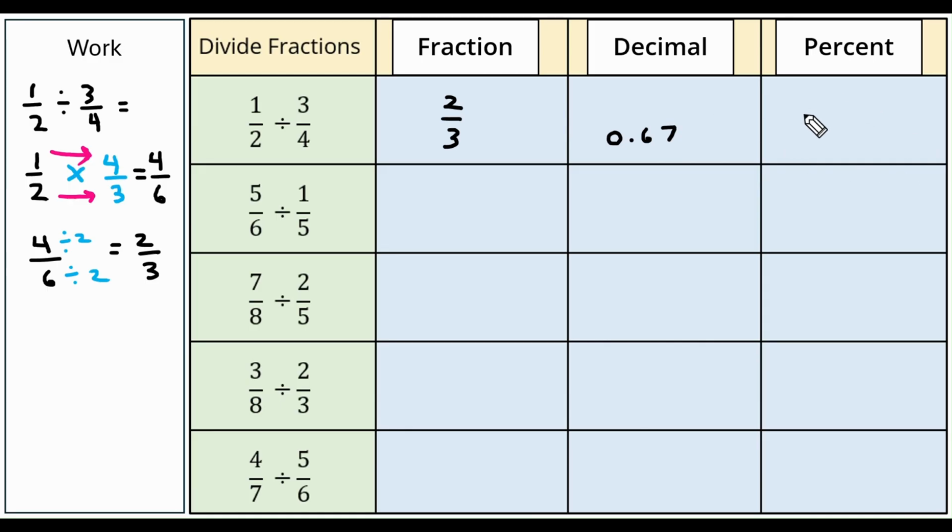And now let's change it to percent. To change a decimal to a percent, all you have to do is multiply by 100. Now, when you multiply a decimal by 100, that is the same as taking a decimal and moving it to the right 2 times.